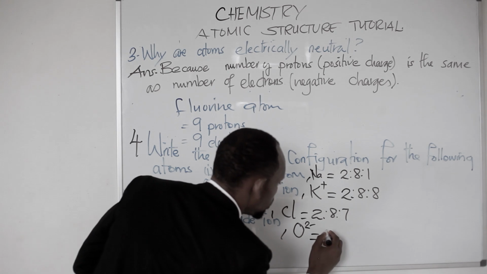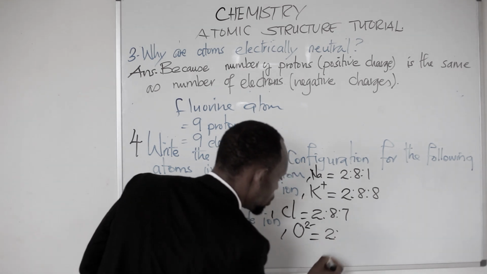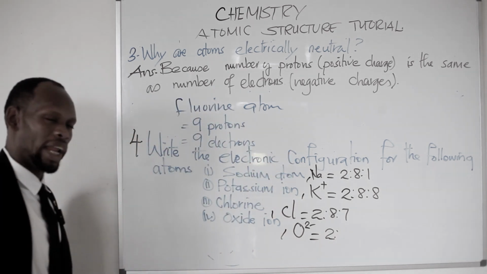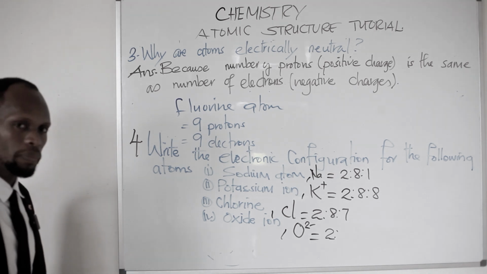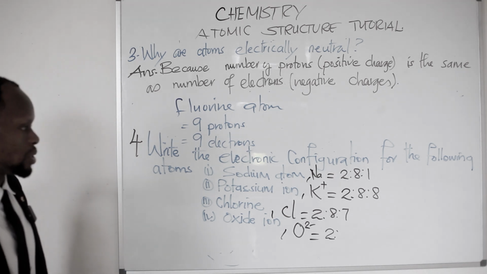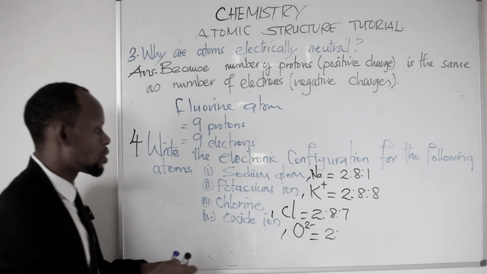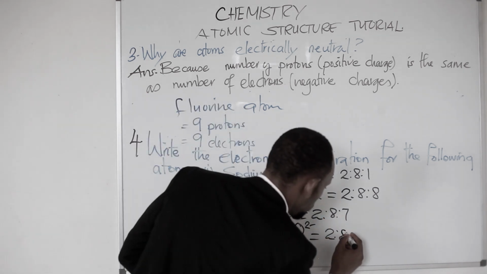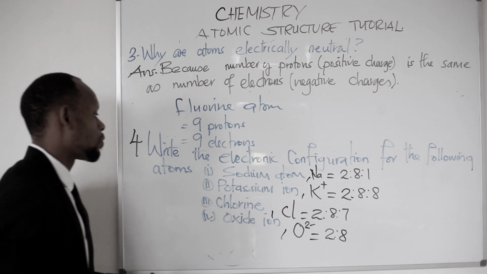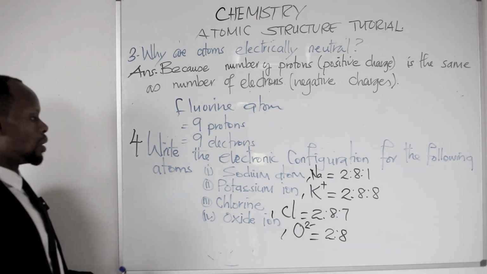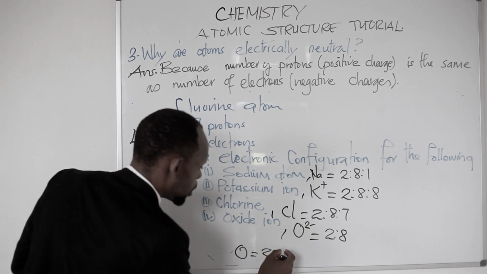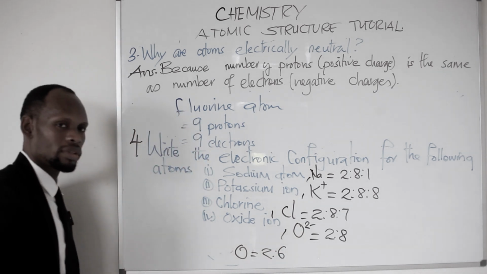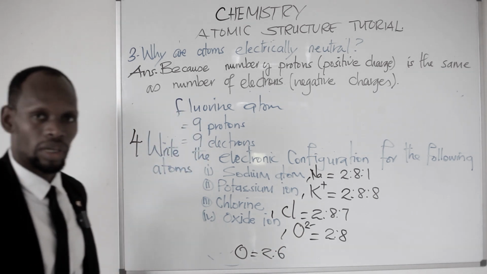How many electrons are in an oxygen atom? There are 8. When it has gained 2 electrons, it will be 2, 8. That is for the oxide ion. It is different from normal oxygen, which is 2, 6. Now, question number 5.